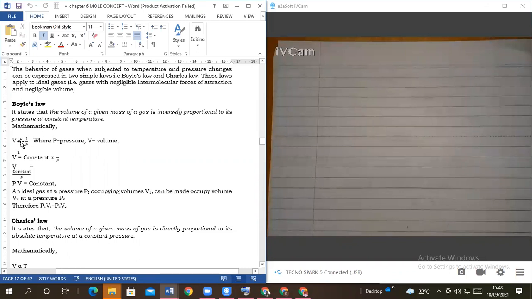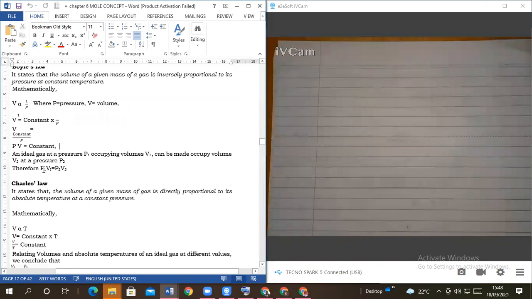Then you put an equal sign and a constant K over P. Then you take P to the other side, it becomes PV, which is a constant. Now, if you know the expression is constant, you say P1 V1 is equal to P2 V2, which is equal to P3 V3, equal to P4 V4, because they are all equal to a constant.